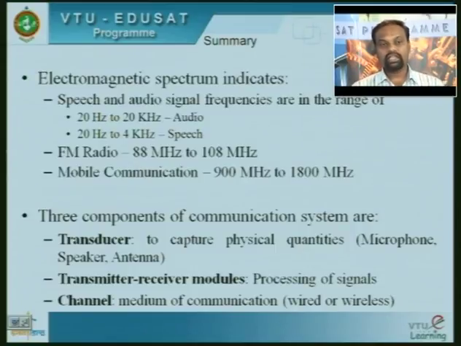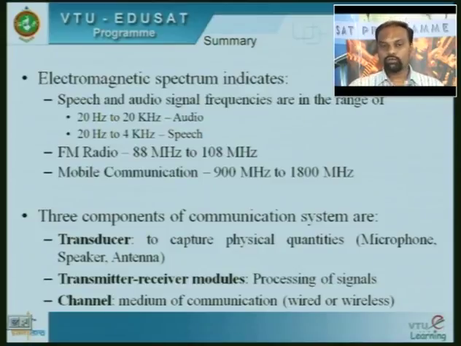Then, as the signal is processed by the transmitter, before it could be launched onto a channel, we have an antenna that converts the electrical signal to an electromagnetic wave. That is also called a transducer, or simply an actuator. So there are two transducers used at the transmitter end: one to capture a physical quantity and convert it into an electrical signal, and the other to convert the electrical signal back to an electromagnetic wave.